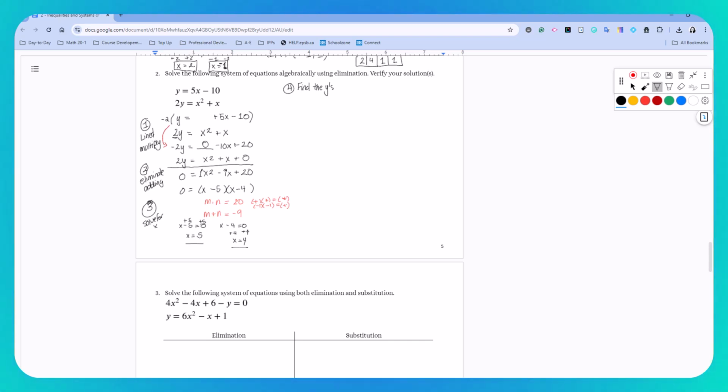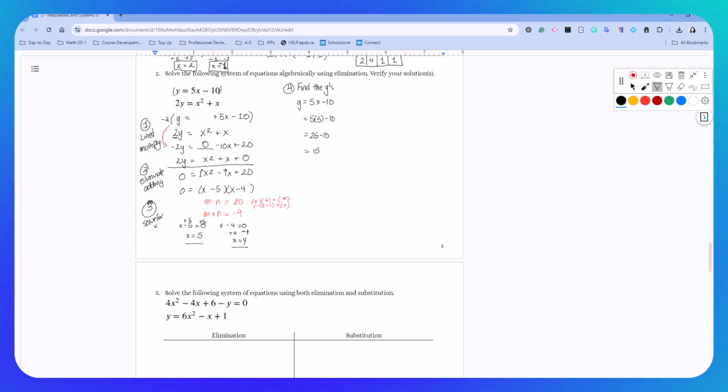So we're going to pick an equation and substitute the x's in. Now remember, work smart, not hard. Pick the easier ones. I'm going to pick y equals 5x minus 10. So I start with this equation, and I substitute in my first x so that I get 5 times 5 minus 10, which equals 25 minus 10, which equals 15.